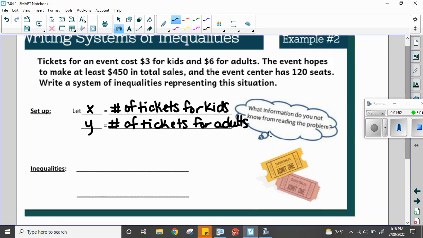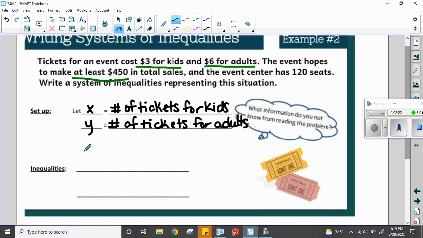Now we need to create our system of inequalities, which means we need to go back, read the information from the problem, and create two inequalities from this. Now, the first inequality is very plain to see. $3 for kids, $6 for adults, and we need at least $450 in total sales.